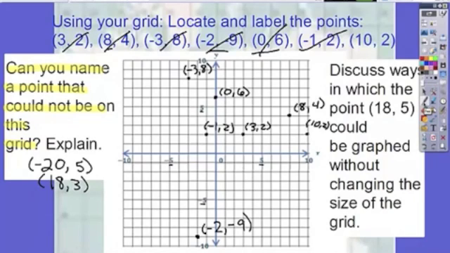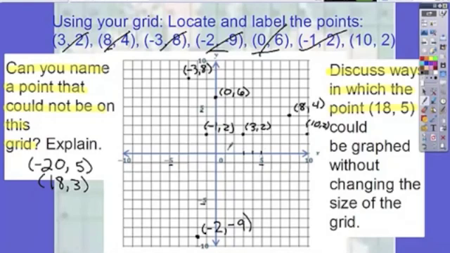How do we take a grid and make it so we don't have to stretch it out forever? If we look over here, we have a very similar discussion question: discuss ways in which the point 18, comma 5 could be graphed without changing the size. Well, what if instead of counting by ones for every unit, 1, 2, 3, 4, 5, I counted by 2s.